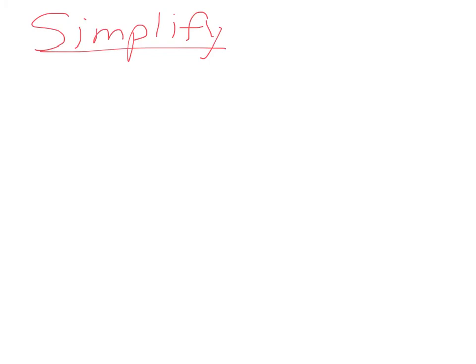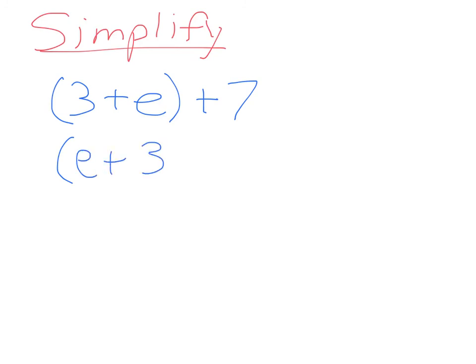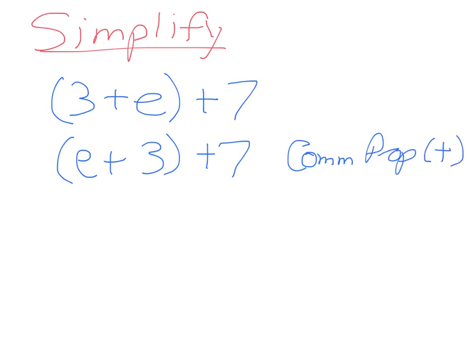So, for example, if I have 3 plus e, plus 7, well, I know those parentheses are there, but I could, inside the parentheses, use the commutative property of addition to change the e and the 3 around.